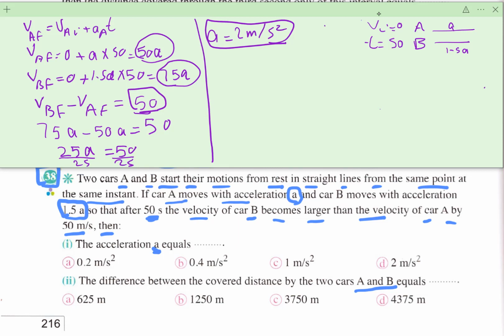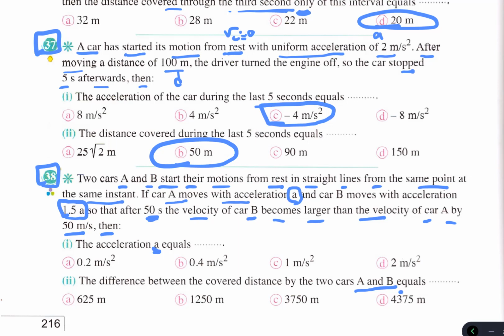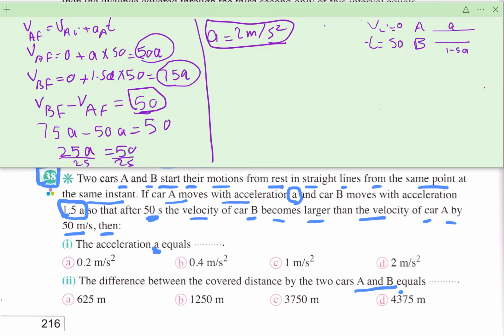What does he need? The difference between the covered distance by the two cars A and B. So let's calculate the distance for both. dA equals V initial T, 0, right? Plus half the acceleration, the acceleration for car A is A, which means times 2, times the time square, 50 square.